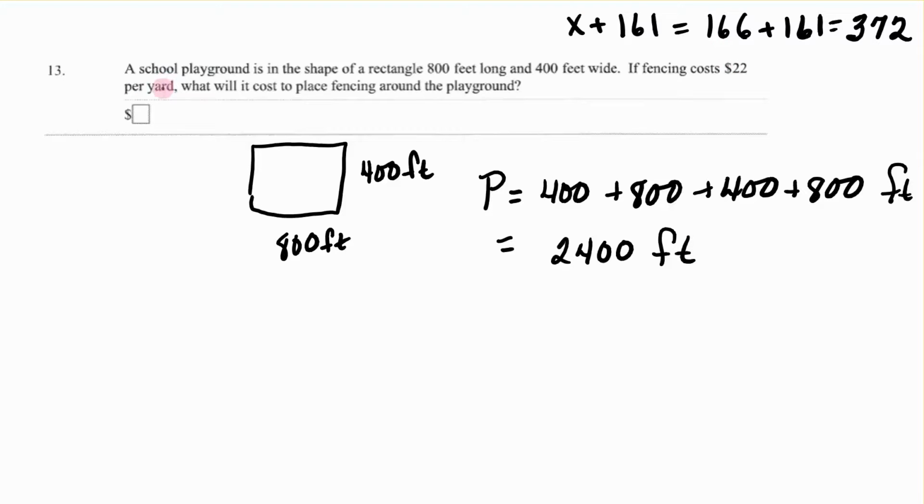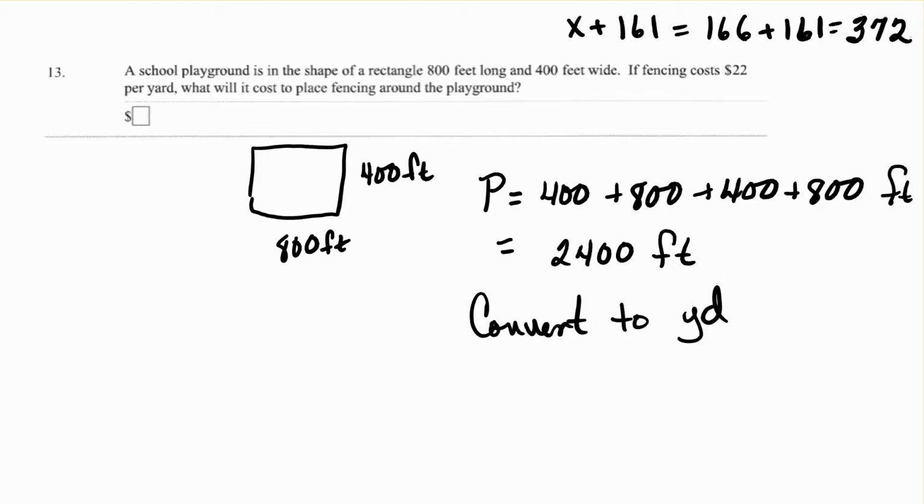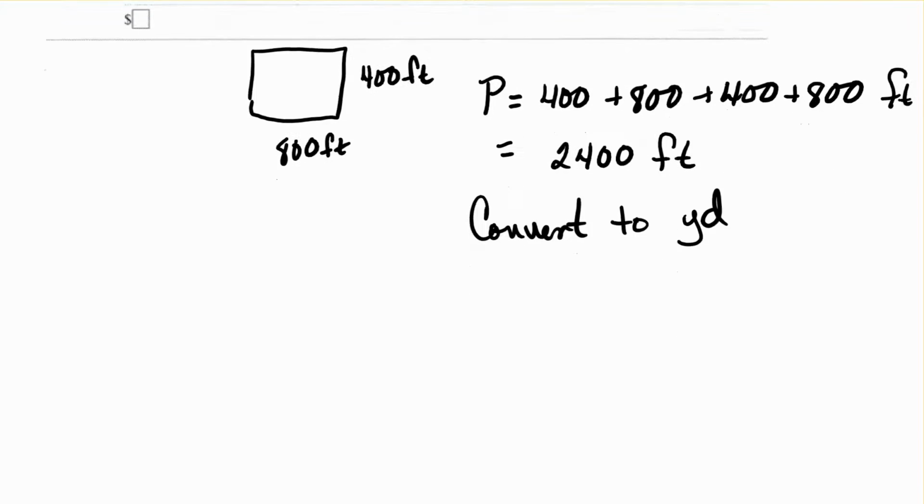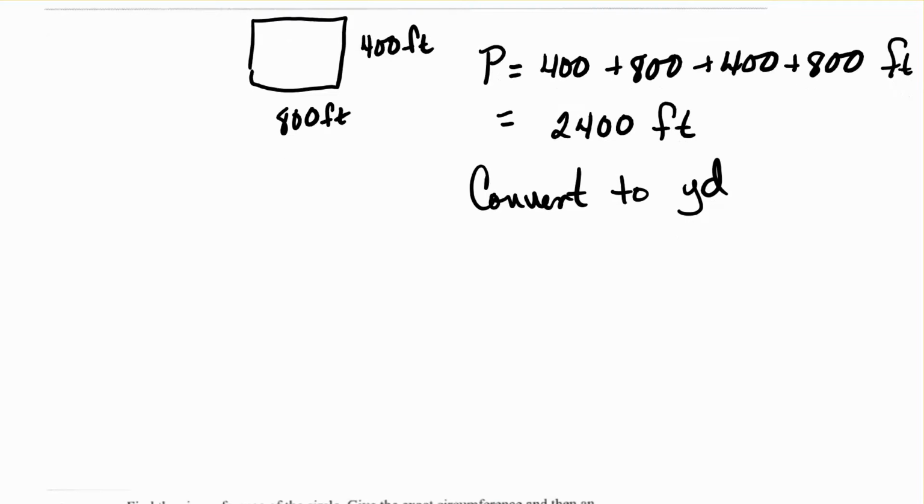I need to convert to yards. Okay, go back, think about what you learned back in chapter 9. You have 2,400 feet, put it over 1. The fact is that there are 3 feet in a yard.